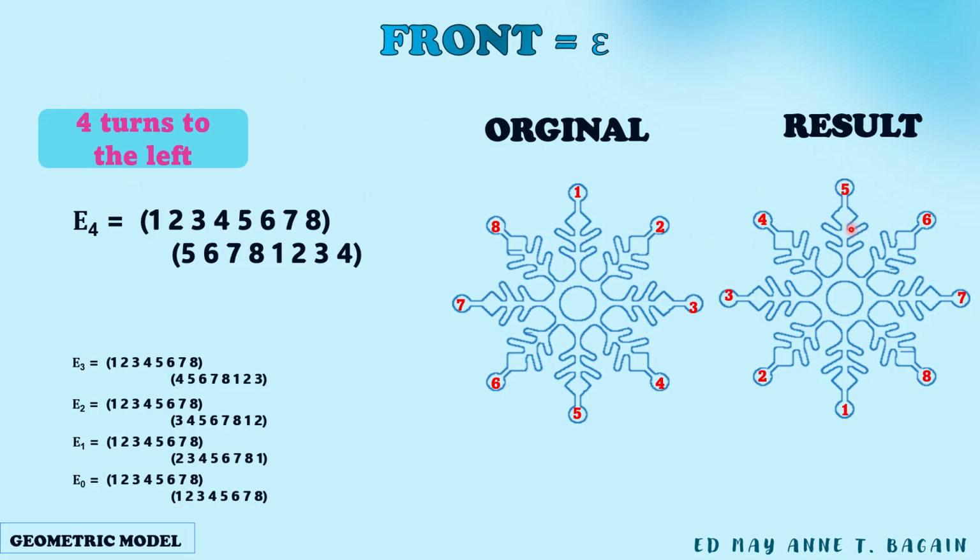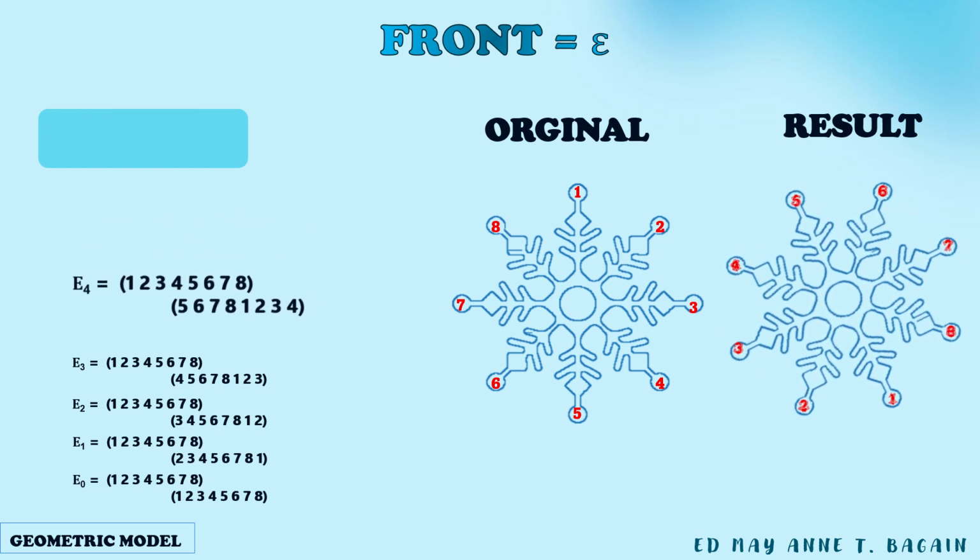So as we can see now, we have 1 as 5, 2 as 6, 3 as 7, 4 as 8, 5 as 1, 6 as 2, 7 is 3, and 8 is 4. So that is the movement for epsilon sub 4.